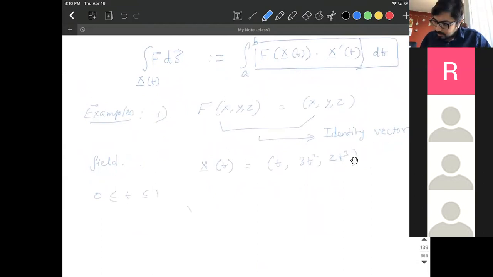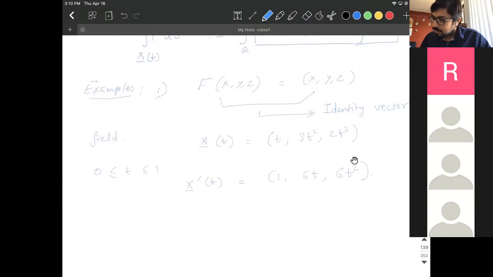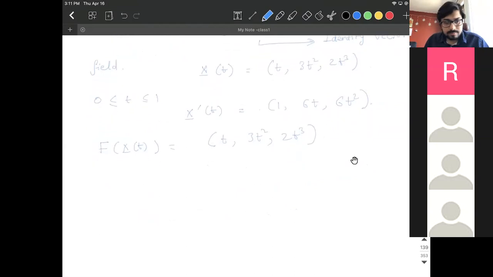Okay? So x'(t) is given by (1, 6t, 6t²). And f(x(t)) is given by (t, 3t², 2t³). So it's the identity, so it will remain exactly the same. So this is f(x(t)). Then you need to take the dot product f(x(t)) dot x'(t).